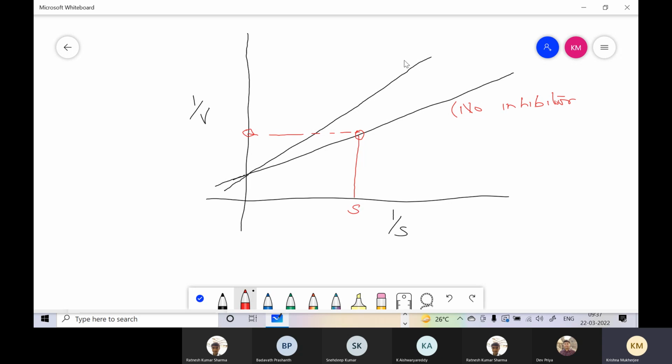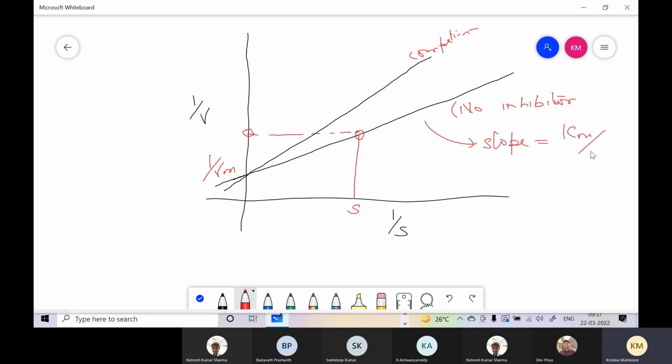When I add a competitive inhibitor, I know that my line will be like this, because the 1 by V max remains the same, but the slope, which is Km by V max, will increase since Km increases.